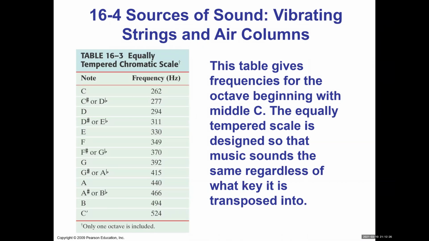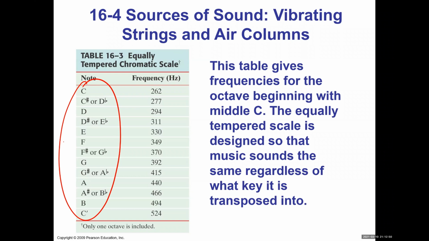So here is a table of frequencies for the octave beginning with middle C. If you're a music person, you probably have used these notes, and maybe even know the specific frequency they represent. But here's the table for your information.